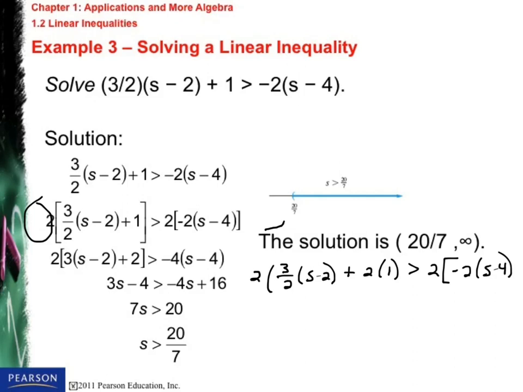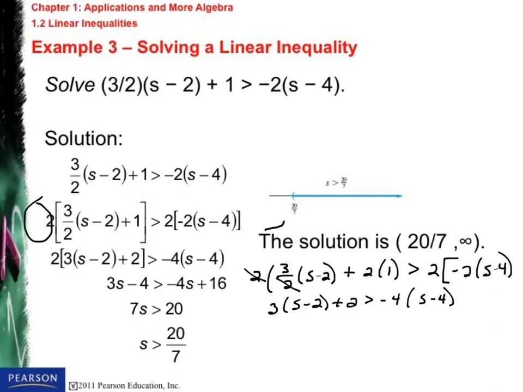And what that would do is clear this fraction. I think it just looks a little cleaner. We have 3 times (S minus 2) plus 2 is greater than negative 4 times (S minus 4).